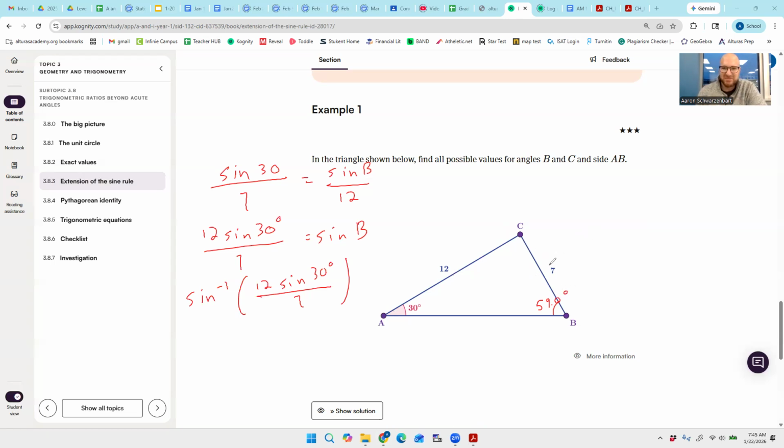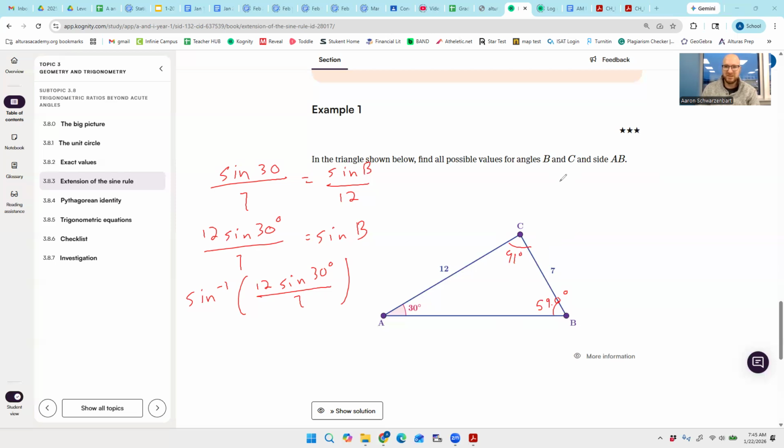That is case one. We're going to finish solving this for this triangle here. That's the acute angle. The sine will always give you the acute angle. This I can get by doing 180 minus, which this is going to be 91 degrees.